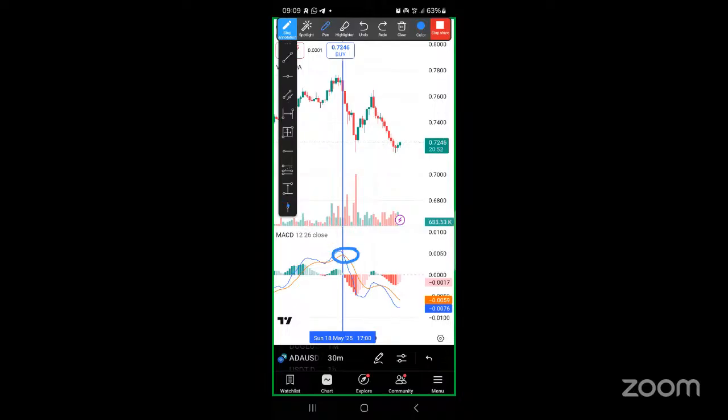But we see another death cross happening here, below the zero line. Let us see if it is true the market went down. This is where the death cross took place from.